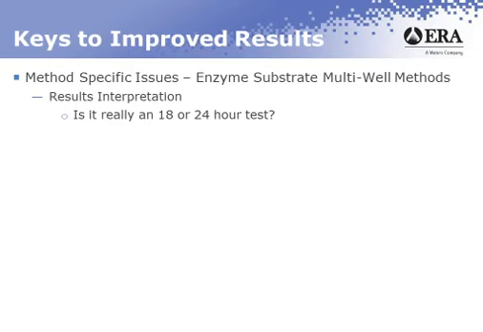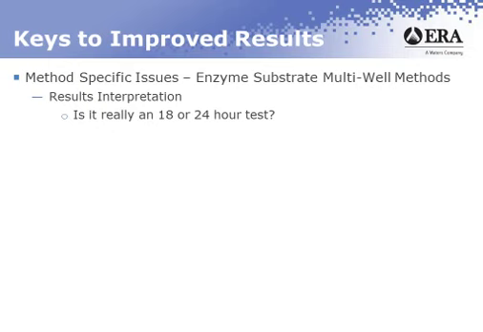The first area, when you're dealing with most enzyme substrate methods, and there are a ton out there: Colilert, Colisure, Coliscan, ReadyCult, Ecolite, there are a variety. They have interpretation time windows when the results are considered definitive.